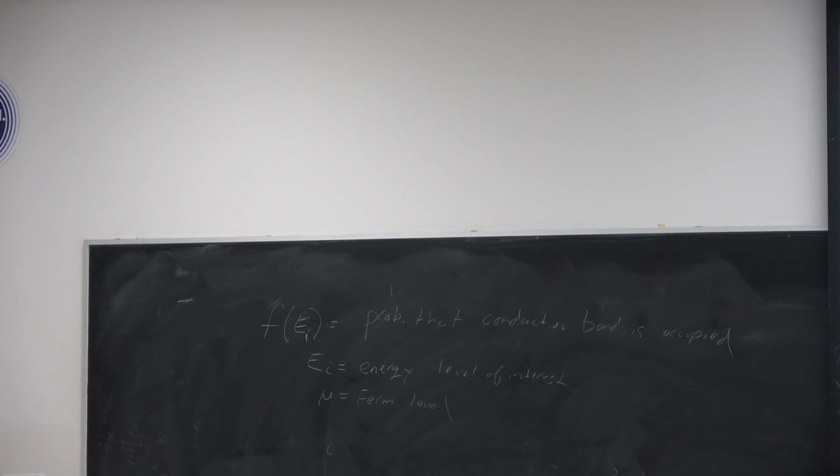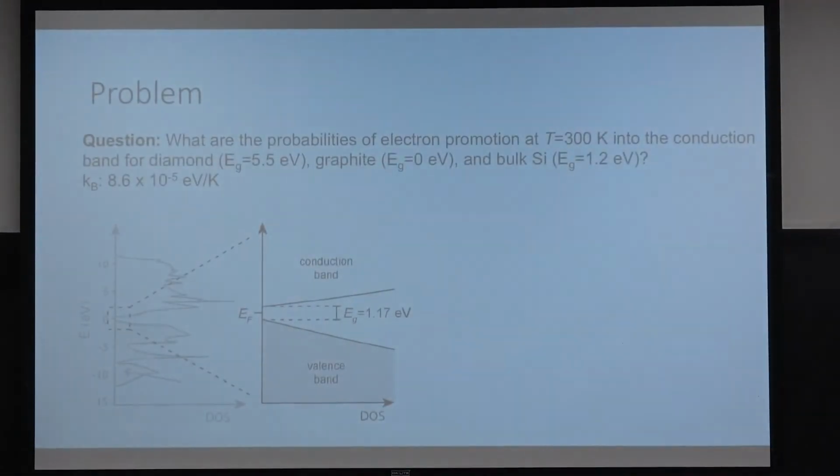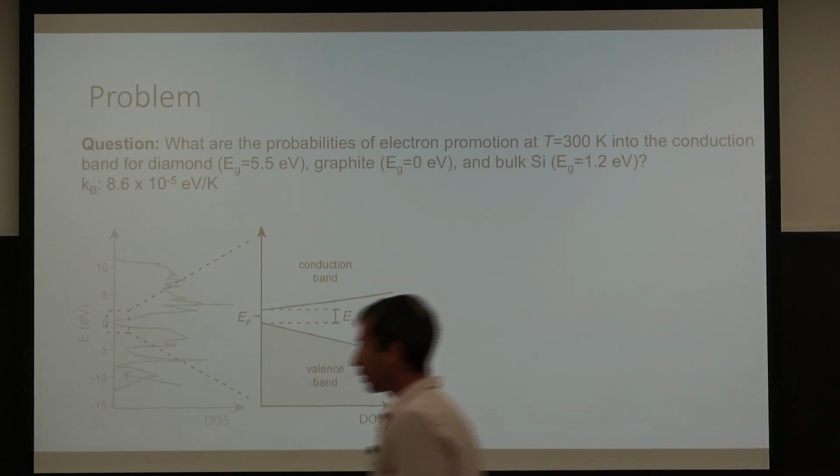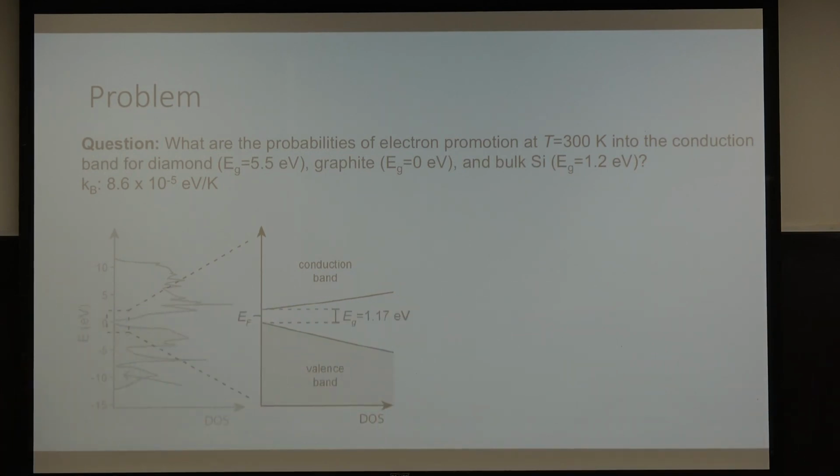Let's work a problem and then we'll do the exam. What are the probabilities of electron promotion at 300 Kelvin into the conduction band? Let's just do silicon, at 1.17 electron volts. Counterintuitively, it makes sense that the probability increases as temperature increases.